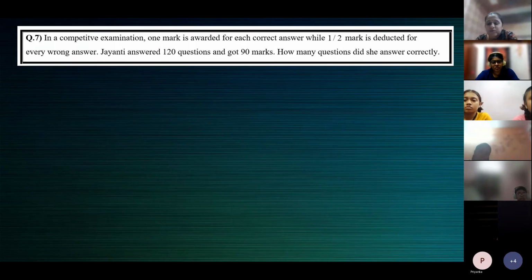Jayanti answered 120 questions and she got 90 marks. What is the maximum marks, children, for this paper? 1 question, 1 mark. So 120 questions, 120 marks.